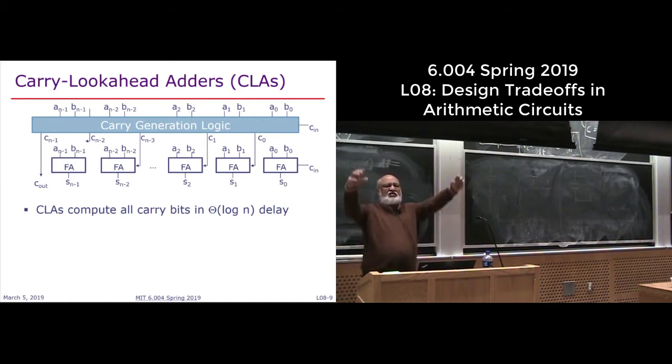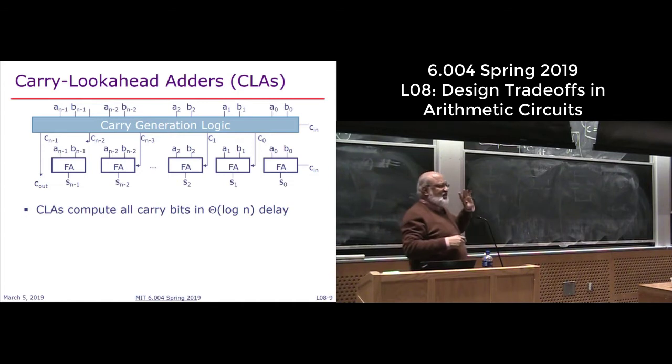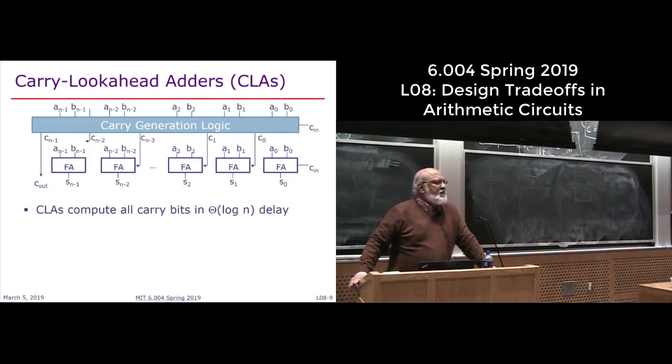So I'm going to put some extra circuitry over there, feed the same things, A, B, and carry in. But my goal now is to produce these 32 carries faster than order of n. Perhaps I can do it in log n. Why? Because you have already seen there is some solution out there which can do this addition in log n.